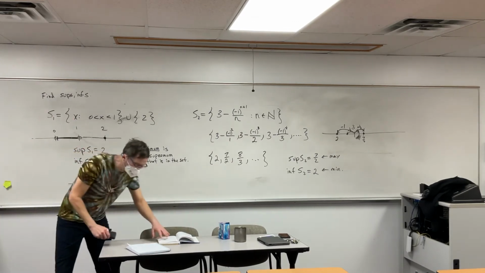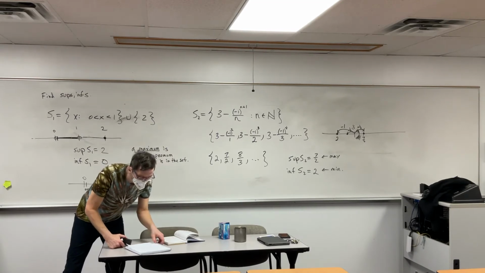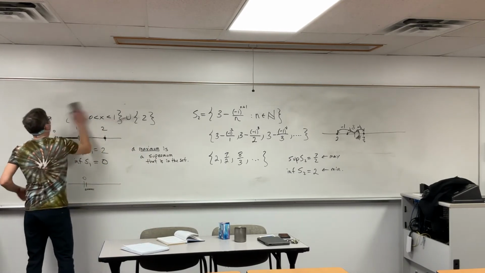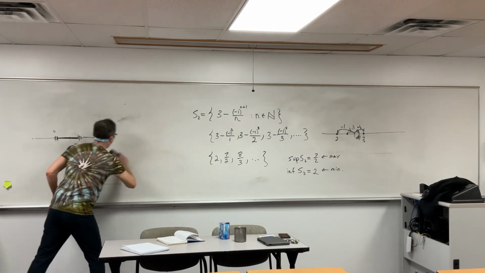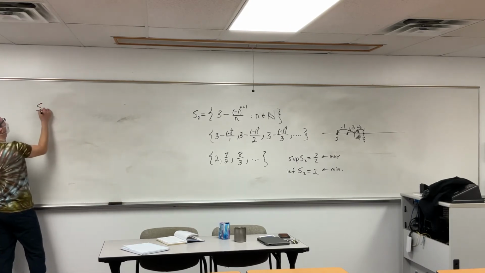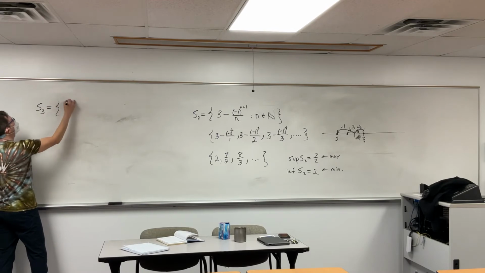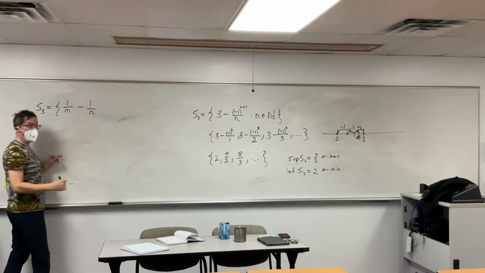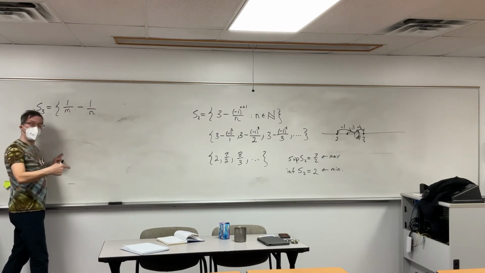Sounds good. All right, let's boot this up another level. Oh, let's go right to this one. Okay. S3. S3 is equal to all things of the form 1 over m minus 1 over n, where m and n are natural numbers.